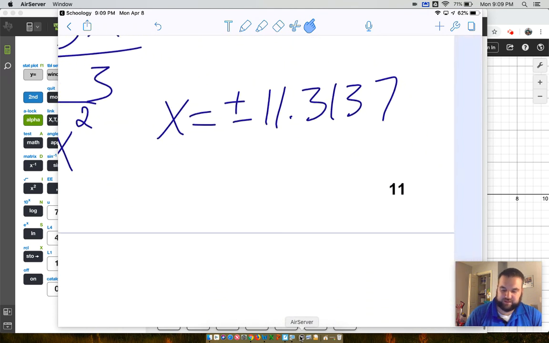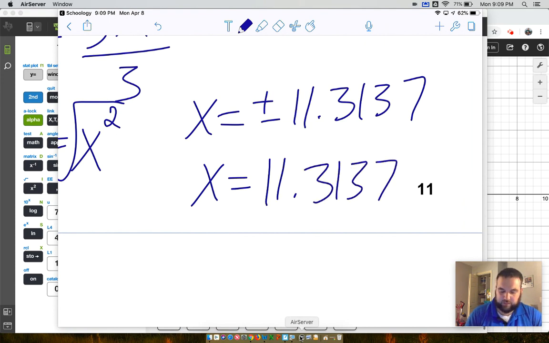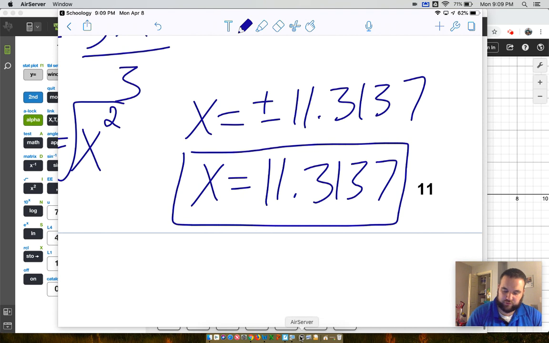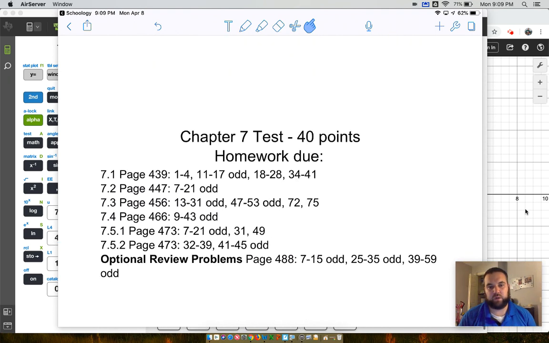So even though this says plus or minus, truly the only value that can work is 11.3137. And I'm sure some of you may have seen a controversial thing about this. We can have an argument about that last statement, why negative 11.3137 doesn't work, if you want to. But we're going to just go with the positive value for that.